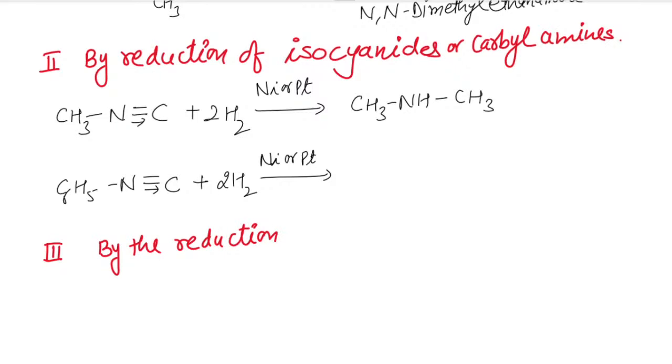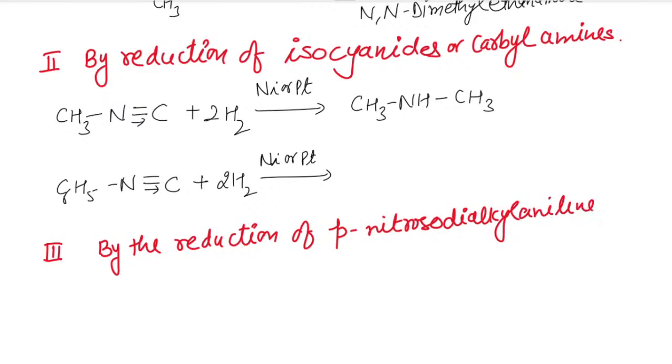Third method is by the reduction of para-nitroso dialkyl aniline with strong alkali solution.